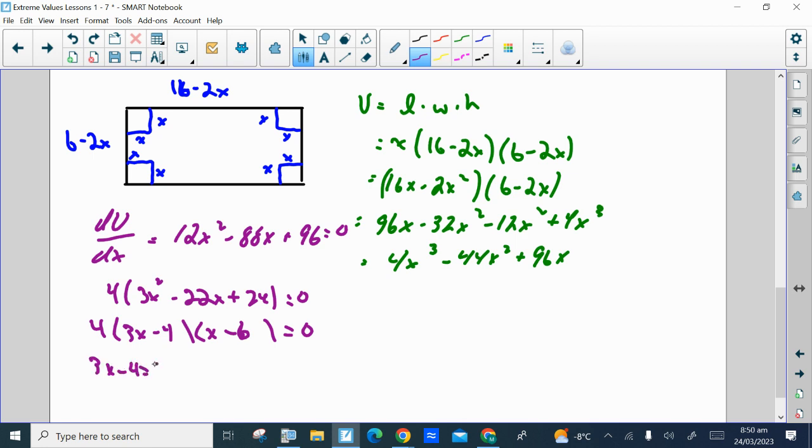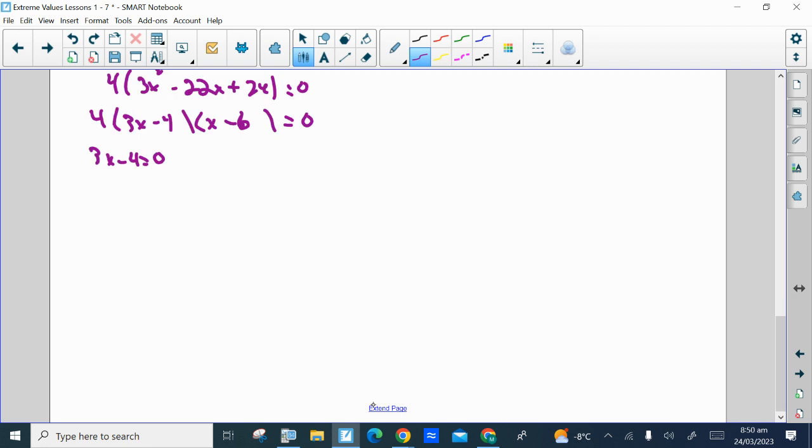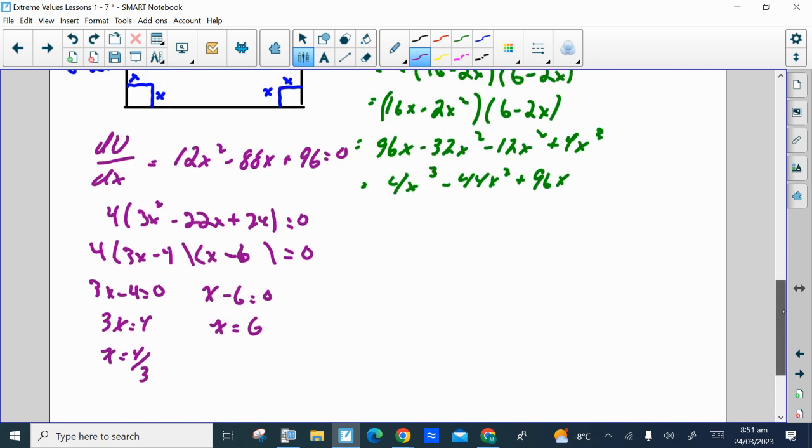So our solutions will come where each factor equals 0. And so there's our two critical numbers.